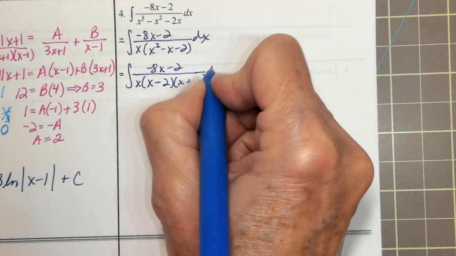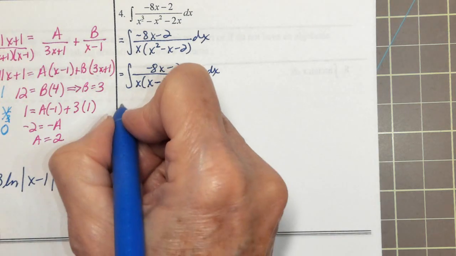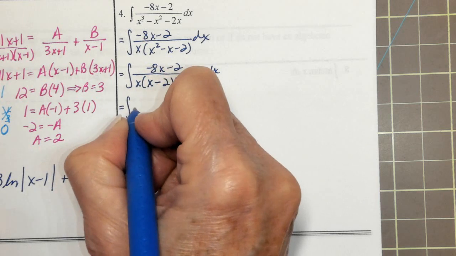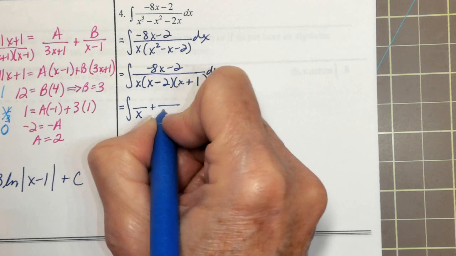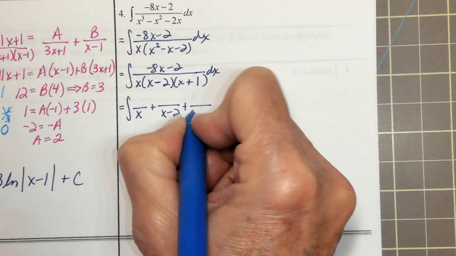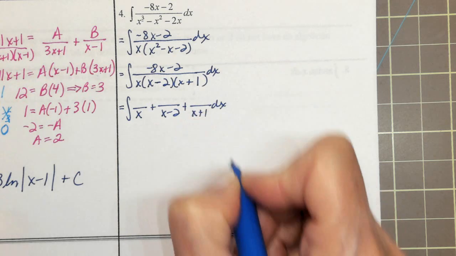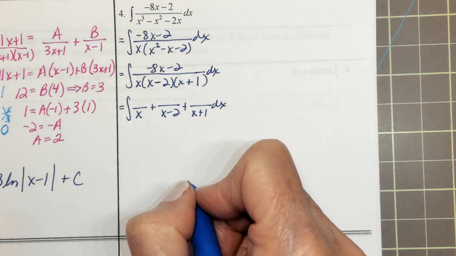So we're going to have 3 fractions here, something over x, something over x minus 2, something over x plus 1 dx.